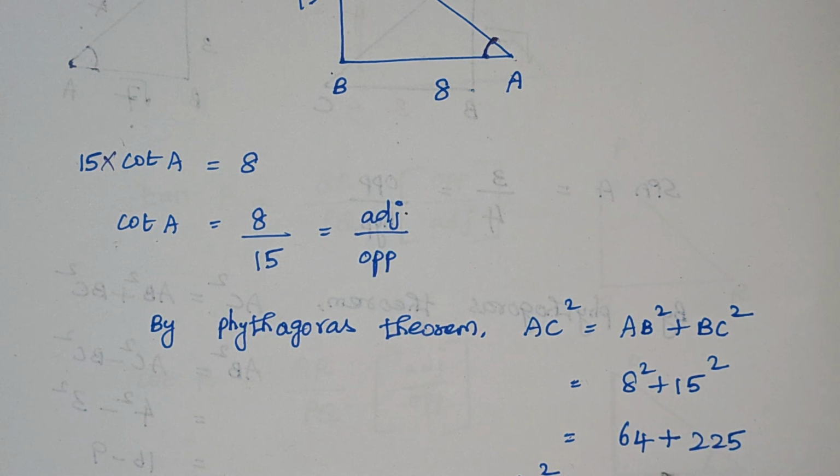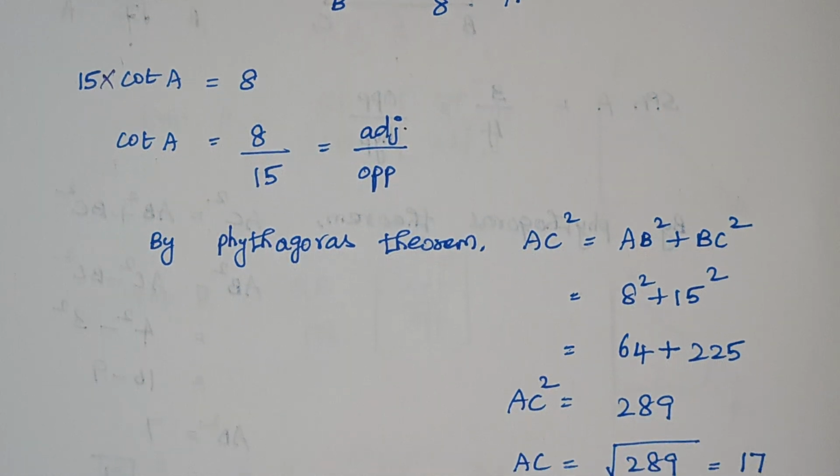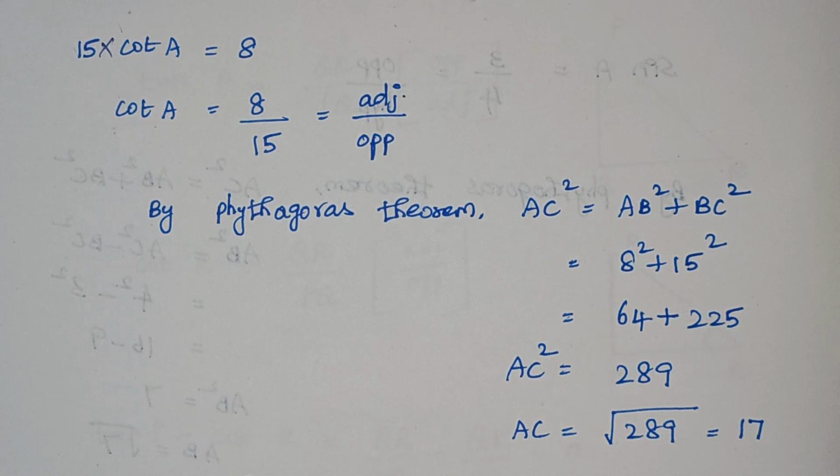Now when you add, the answer becomes 289, and the square root of 289 is 17. The best thing is you have to remember these values, starting from 11 square to 20 square, right? I believe 1 to 10 you people know. So 11 to 20 you have to keep in your memory. So AC is 17, right?